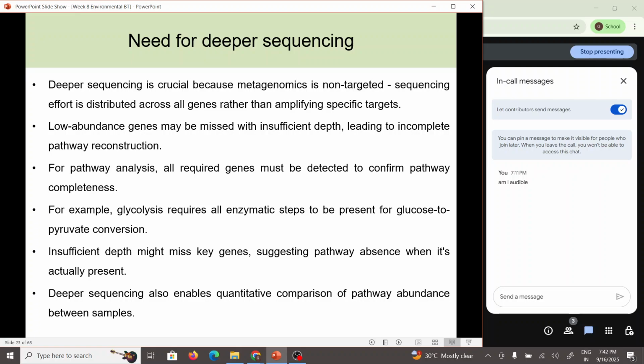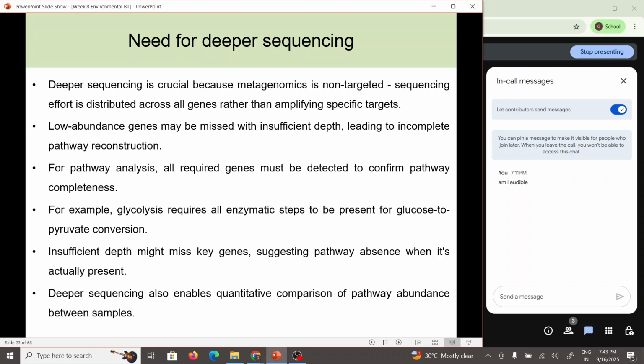When we use a very superficial approach, the low abundance genes may get missed. Therefore, when we use deeper sequencing, all the genes present in the environmental sample can be identified. So with deeper sequencing, the pathway reconstruction will be complete and reliable.